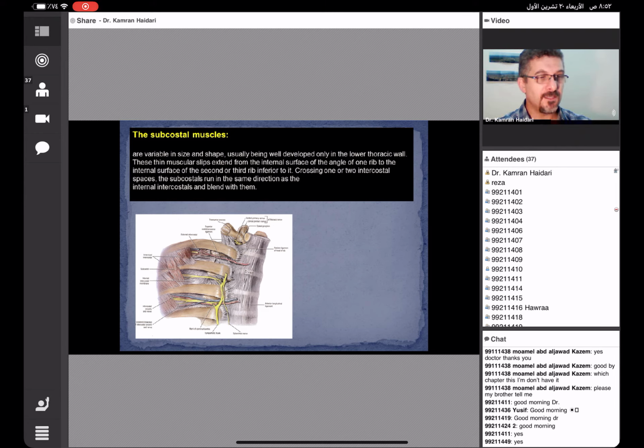For example, if you consider this rib is the 6, from the internal surface of the 6 attaches to the internal surface of the 7. The muscular fiber direction is the same with that of the internal intercostal muscle.